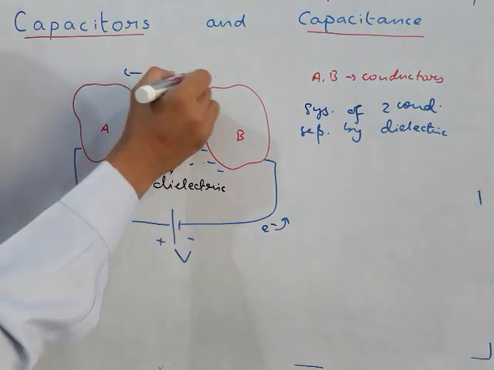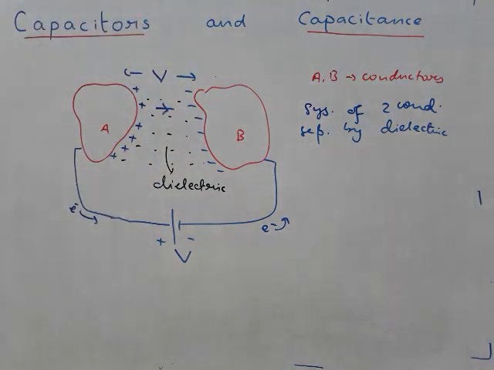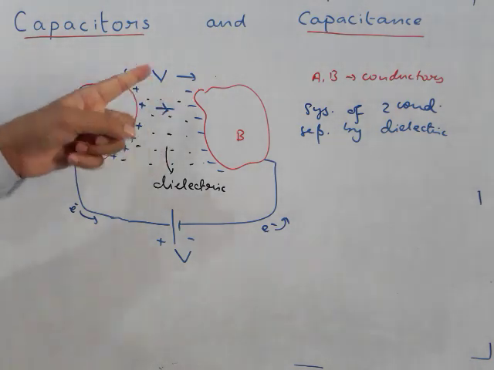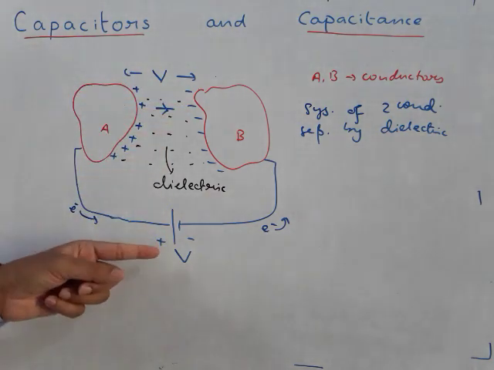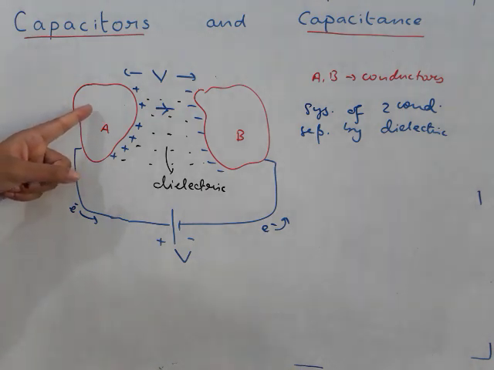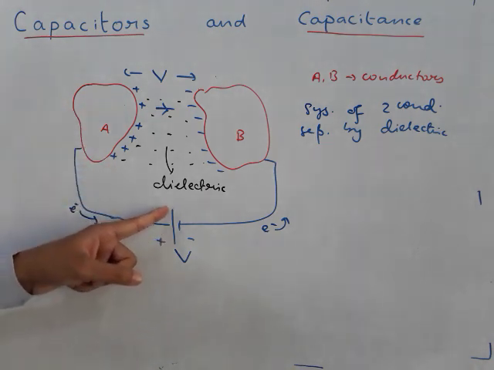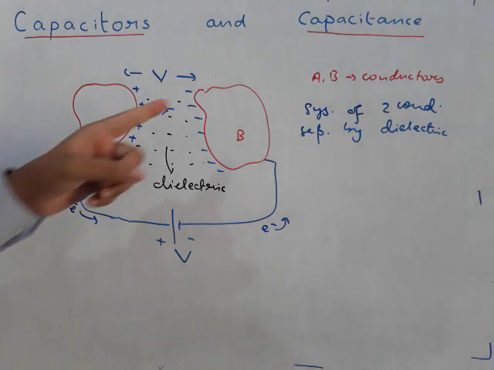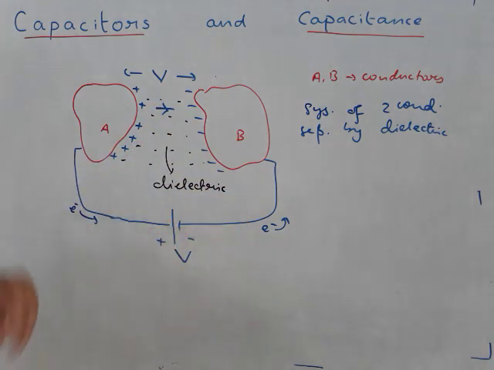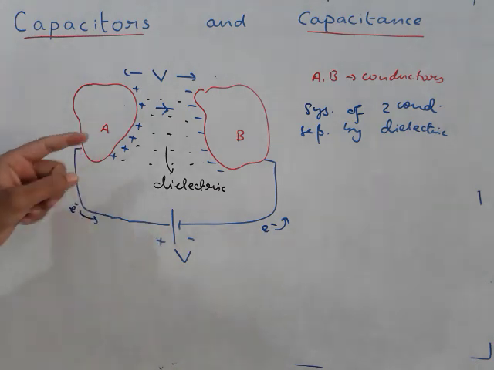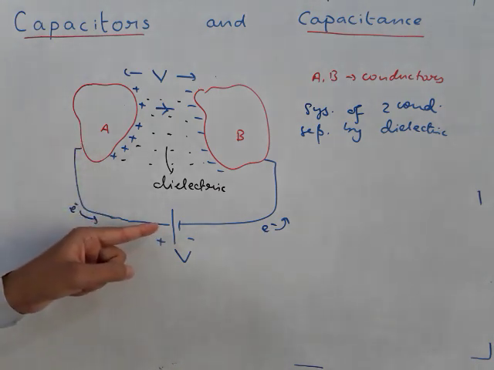V. The moment the potential difference between these two conductors becomes V, both these potential differences become the same. That means conductor A will be at the same potential as the positive terminal of the battery and conductor B will be at the same potential as the negative terminal of the battery. Since they are at the same potential, no flow of electrons will take place.